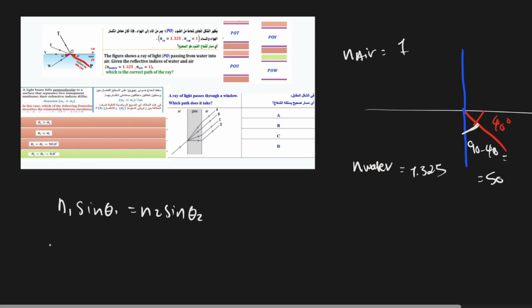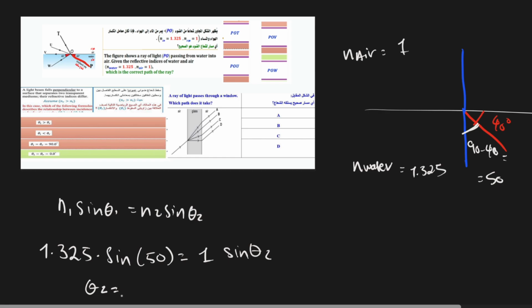So what is N1? It is going from water, so 1.325 times sine theta 1. What is theta 1? It's 50. And it's equal to N2, which is 1, times sine theta 2, which we don't know. So we will have to calculate theta 2 using the calculator, of course.